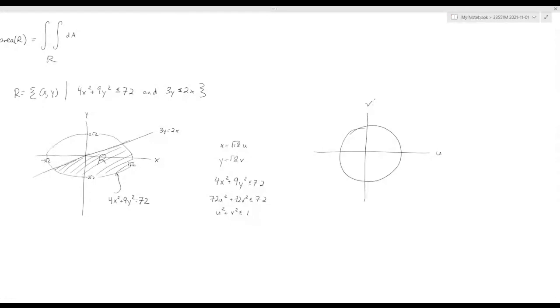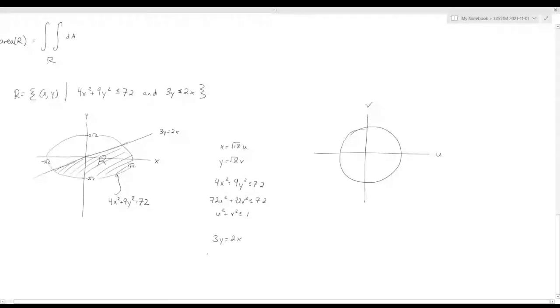And let's see what that line becomes, right? The line in the xy space is this equation. We can substitute for x and y in terms of u and v.